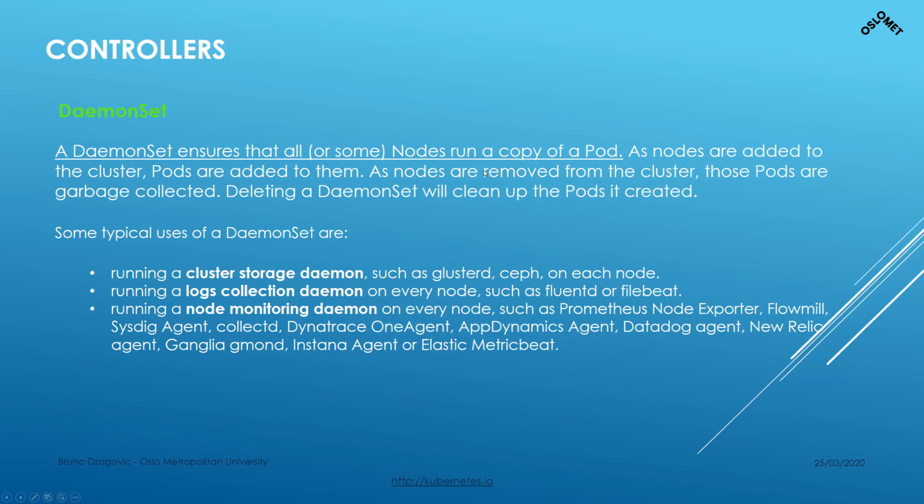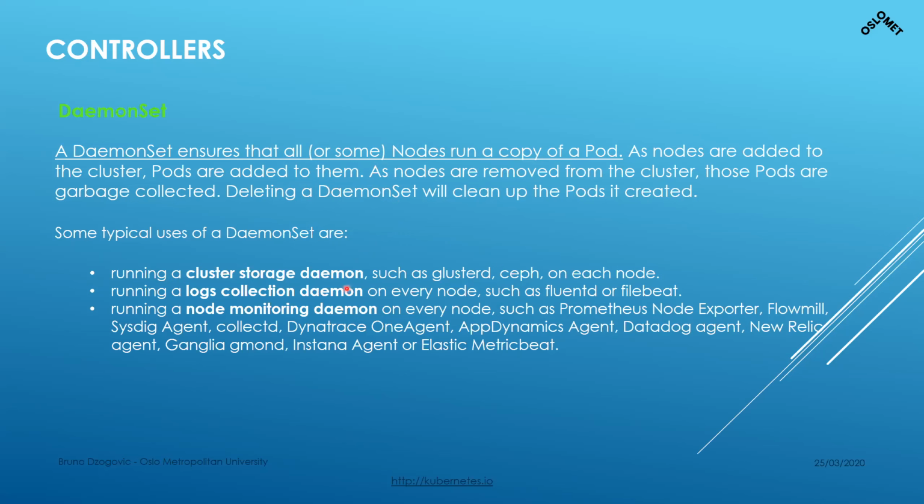So this is taking information from the nodes, and as you add more nodes to the cluster, the pods are being added to them, and the daemon set will make sure that these are registered. So if you add more VMs, you can register all these VMs in your cluster. This is done through the daemon set.